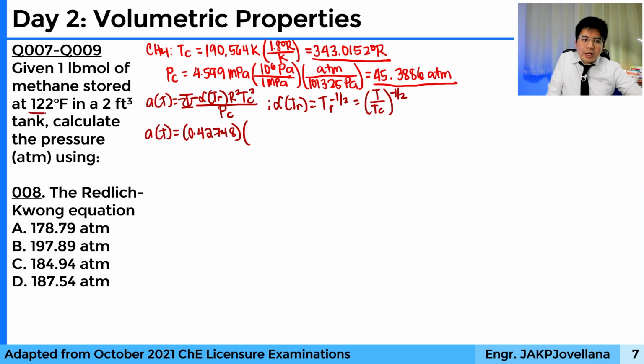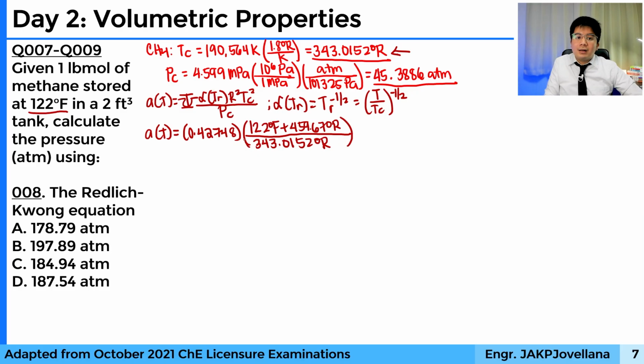So our temperature here is 122 degrees Fahrenheit. So this is 122 degrees Fahrenheit plus 459.67 to convert that into degrees Rankine, divided by Tc, which is this value, 343.0152 degrees Rankine. So this group here is alpha of T sub R.